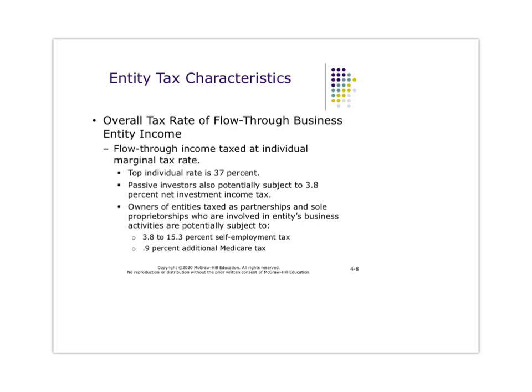So here we've got some really good, important information about flow-through entities. And it's important that we pause here a minute and talk about self-employment taxes. Self-employment taxes impact people who are operating flow-through businesses, because income is taxed at the individual marginal rate, and the top rate is 37%.